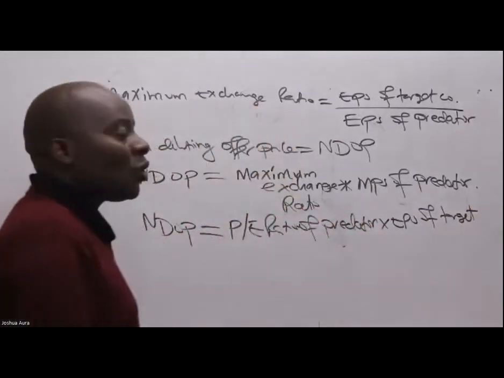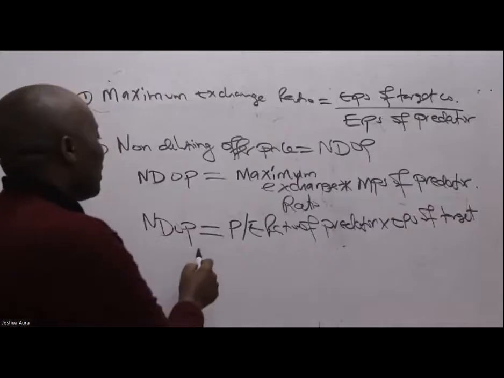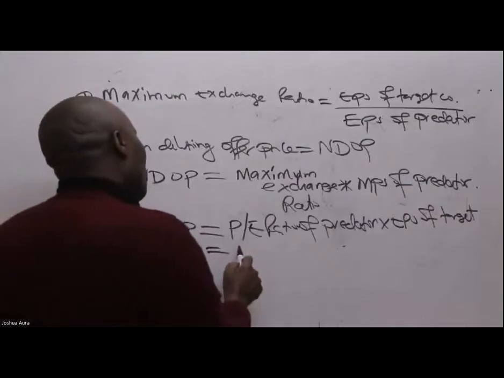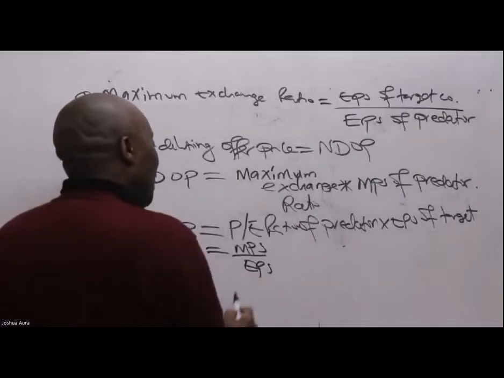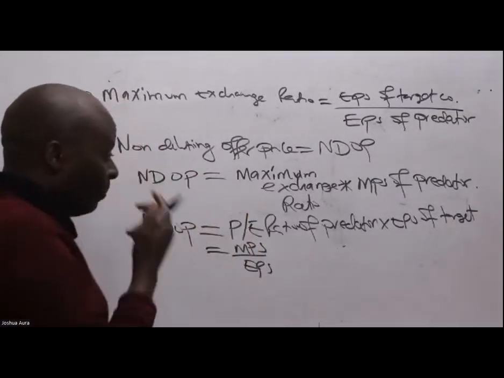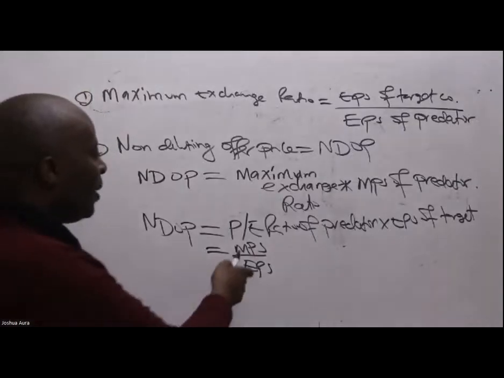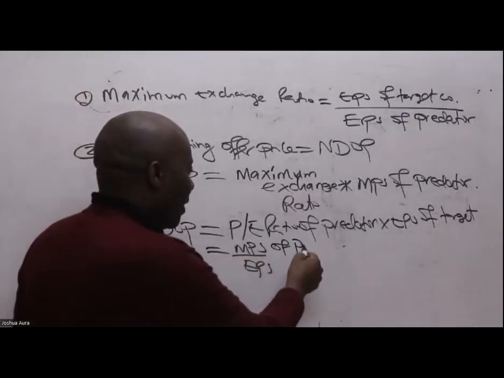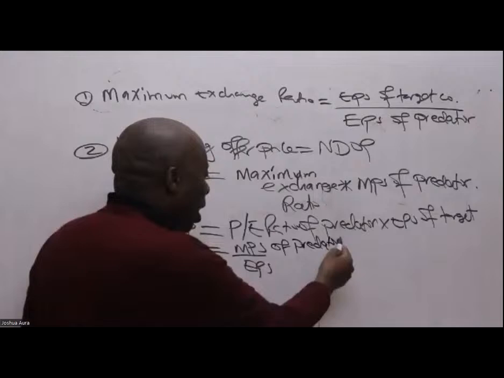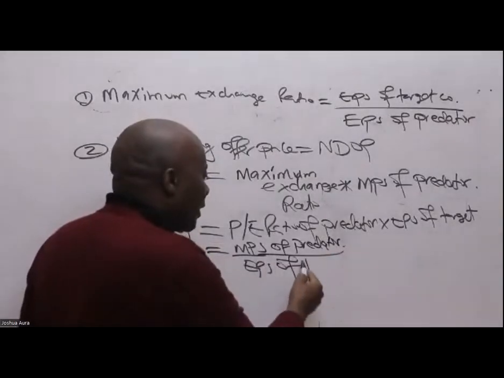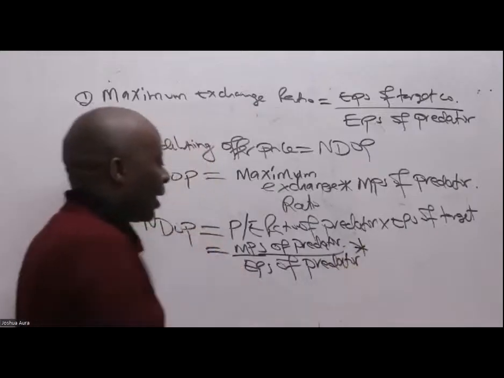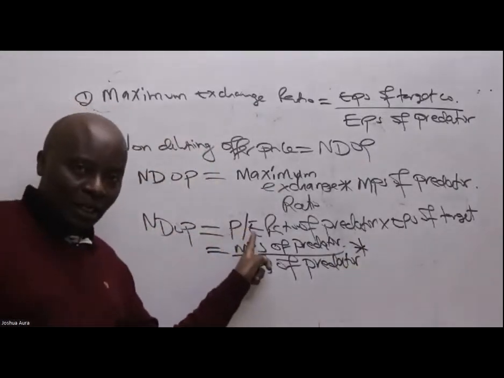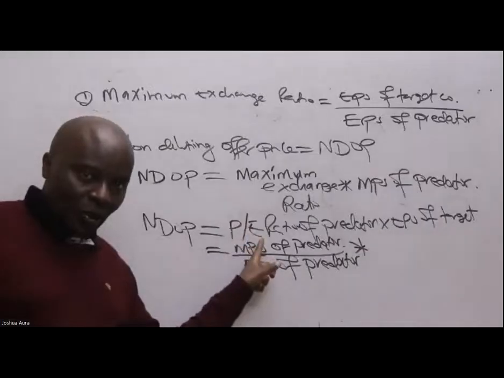And what Mr. George is telling us is that this PE ratio, of course, he knows the formula. It is MPS all over EPS. So it is MPS of predator all over EPS of predator, the price earnings ratio.